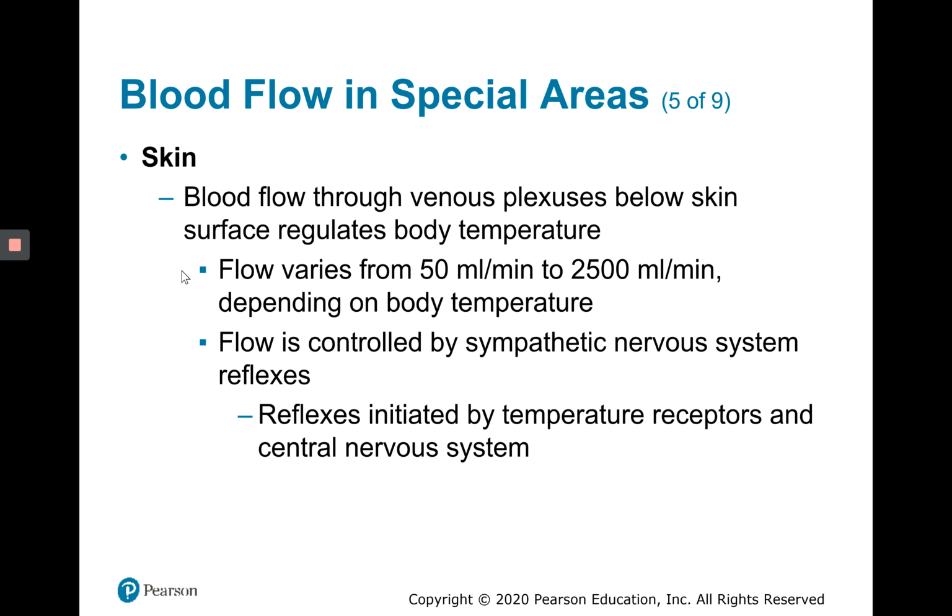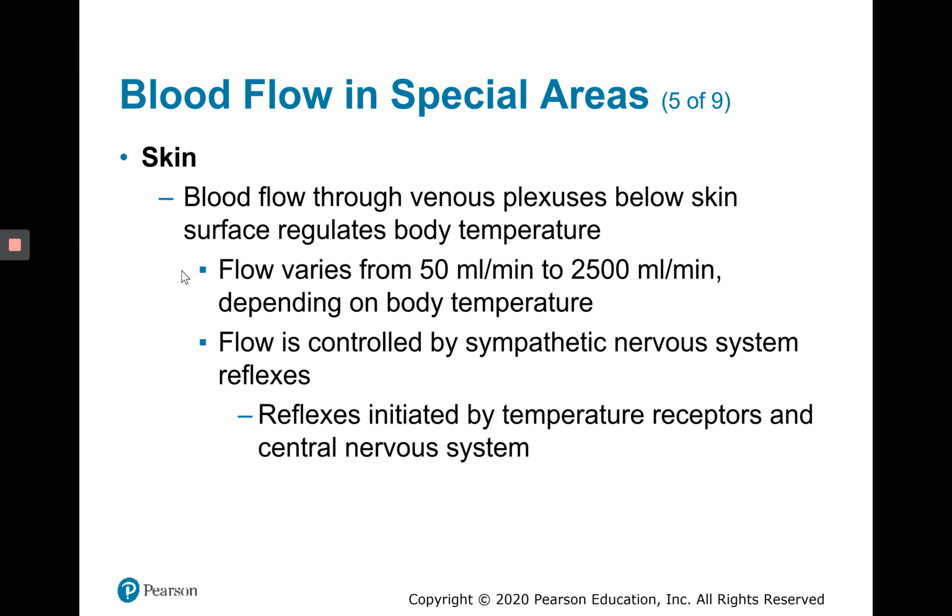Flow in these venous plexi varies from about 50 milliliters per minute to 2,500 milliliters per minute. That does depend on body temperature. Because flow is controlled neurally by the sympathetic nervous system of the autonomic nervous system, it's generally reflexive. And these reflexes are initiated by temperature receptors and the central nervous system.